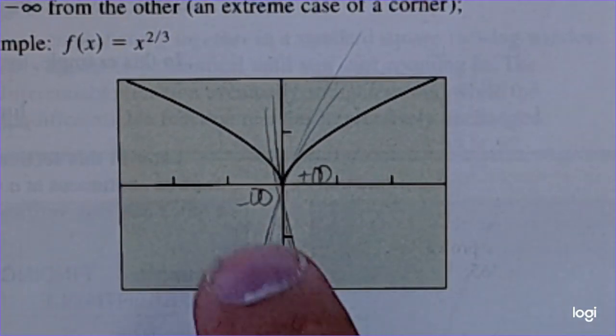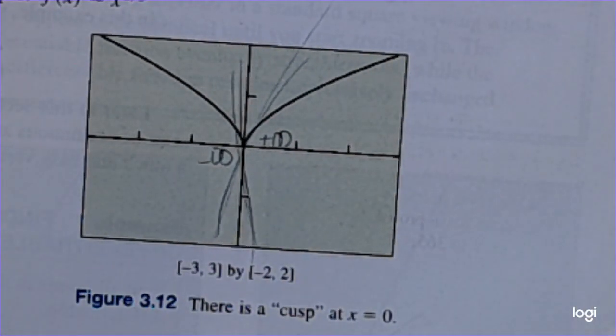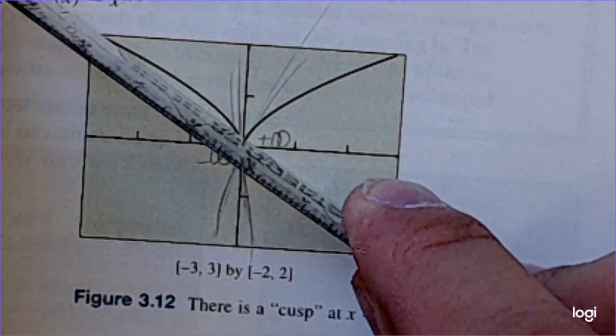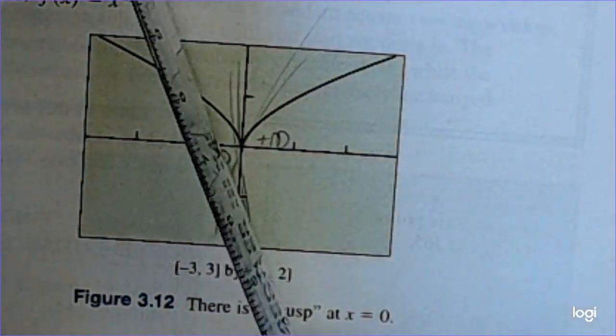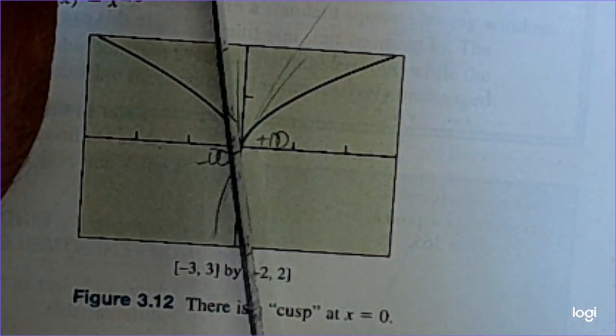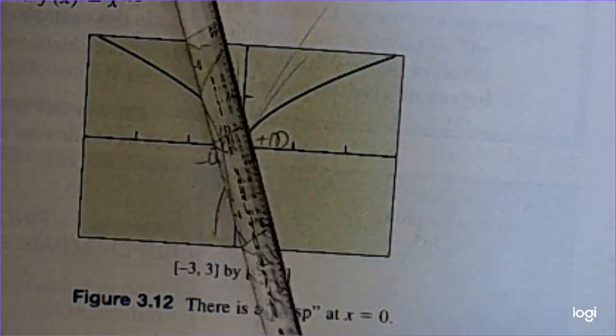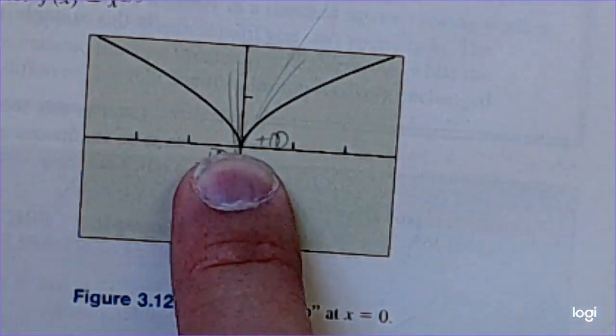This is called a cusp. What we see here with these slopes is as we approach from the left, the tangent slope turns very sharply as we get close to 0. It seems like this slope is moving towards negative infinity, which would be a vertical slope, which is what it seems to approach right before it gets to 0.